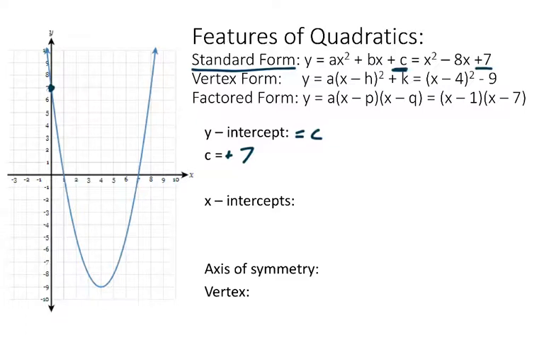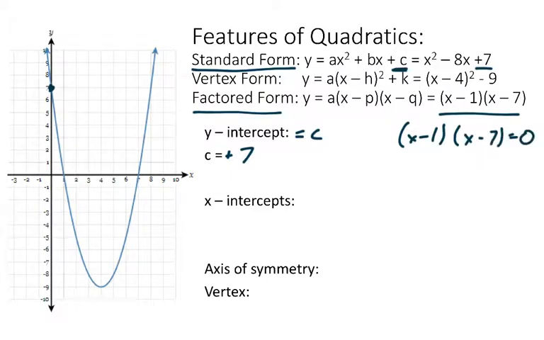The x-intercepts are easiest to find in factored form because I just set the factors equal to 0, because the output is 0 at the x-intercepts. And then I can use the zero product property to set each of these equal to 0 individually. Whether I have the parentheses or not doesn't really matter.